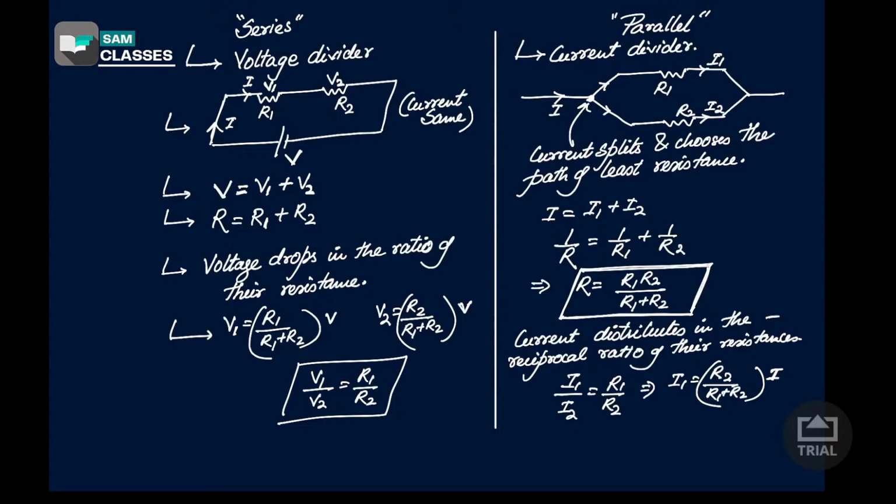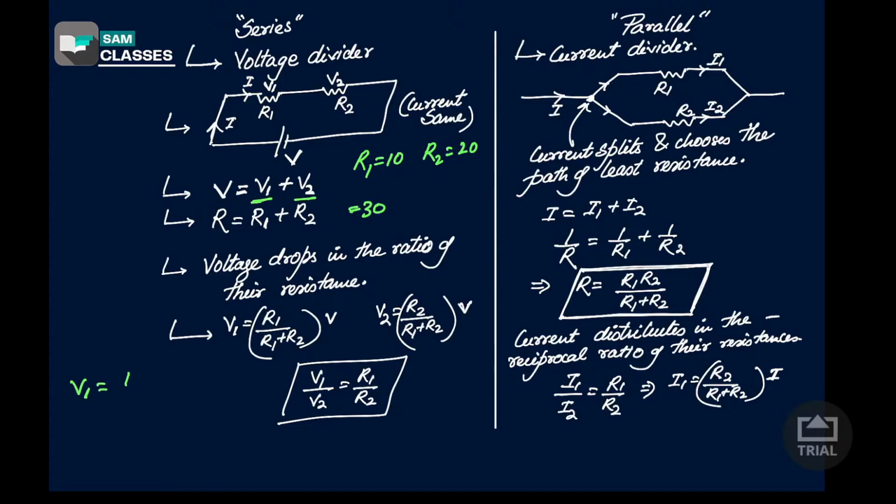Again, I'll explain. Don't worry. Let's take an example. R1 is equal to 10, R2 is equal to 20. Total R is 30. We don't know V1 and V2, so I find out V1.